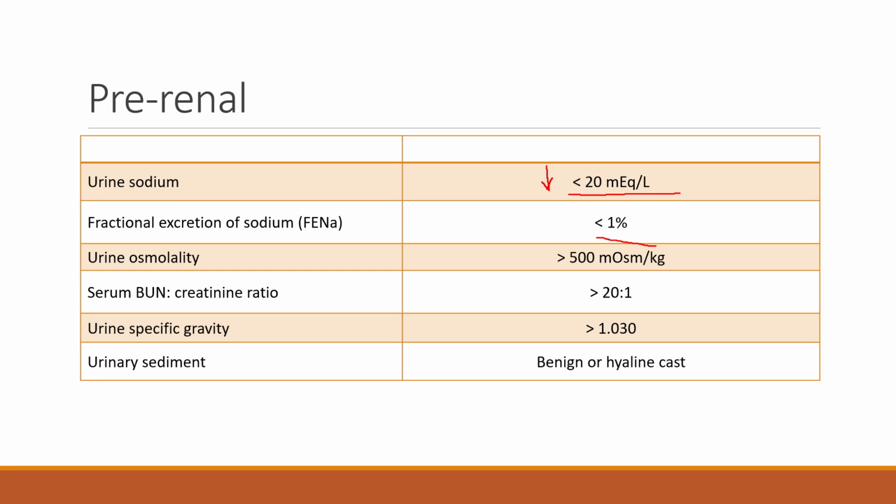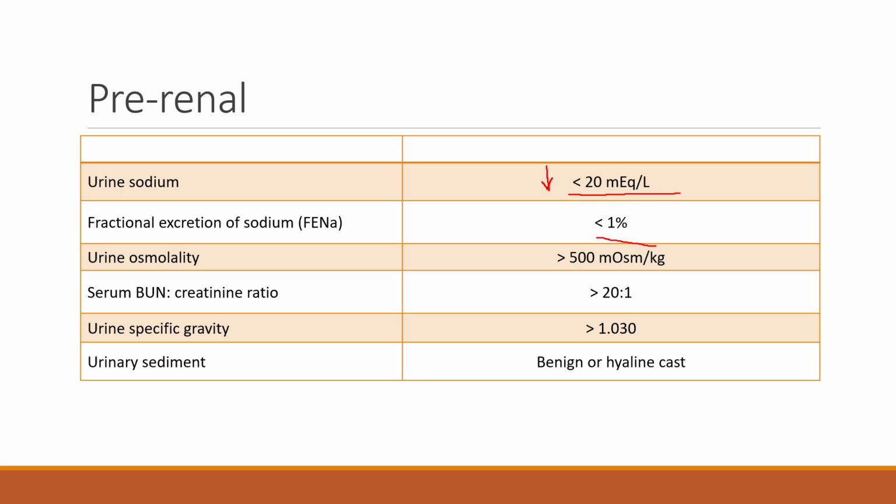And your urine osmolality is going to be high. As I mentioned, you're trying hard to reabsorb sodium and water, right? So you're gonna have a very concentrated urine, and a high urine osmolality means you have a very concentrated urine, and this part is very clear.